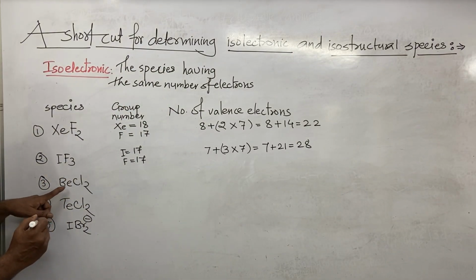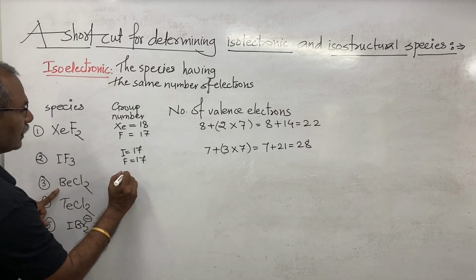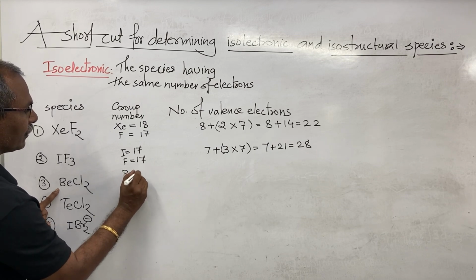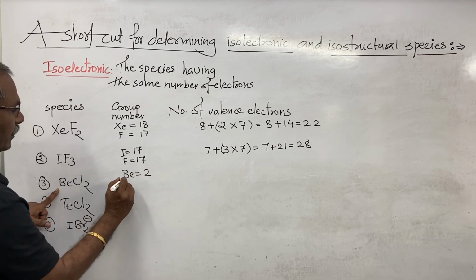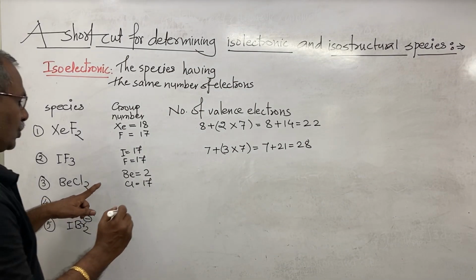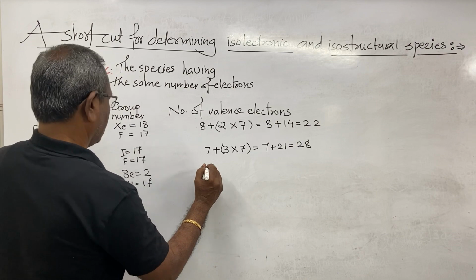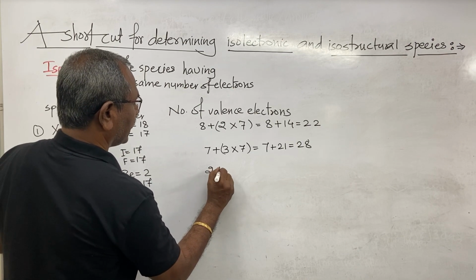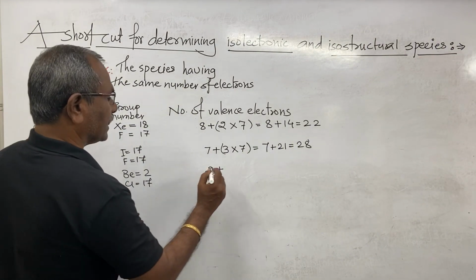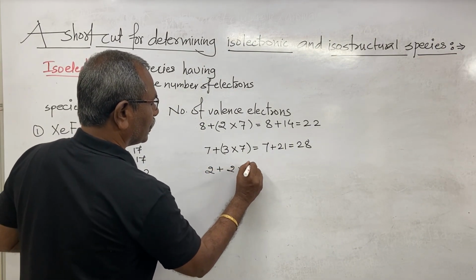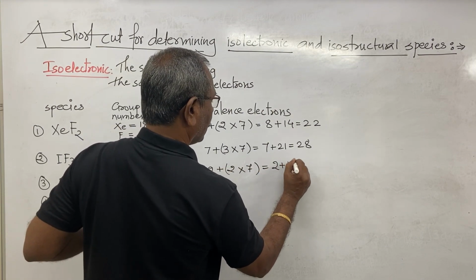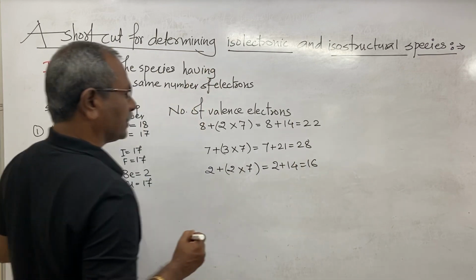Now third case, BeCl2. The group number of beryllium is 2 and that of Cl is equal to 17. So here we can write the number of valence electrons 2 in case of beryllium, and in case of Cl there are 7 but there are 2 Cl atoms, so 2 into 7, so 2 plus 14 is equal to 16.